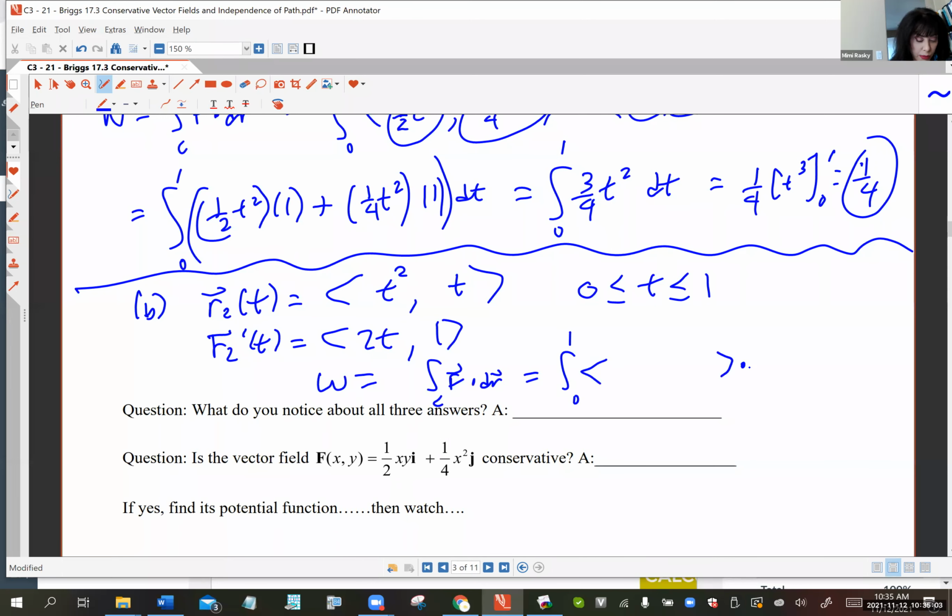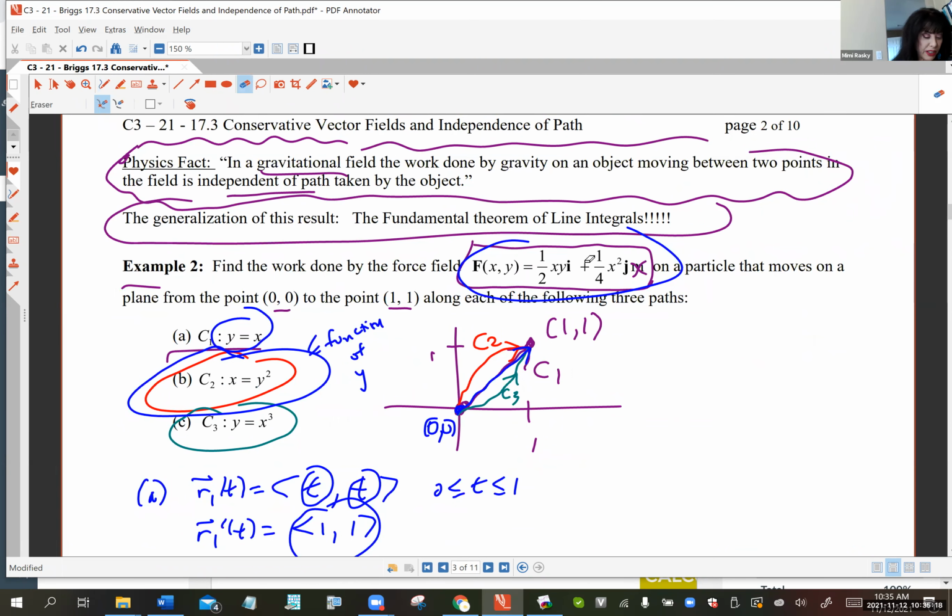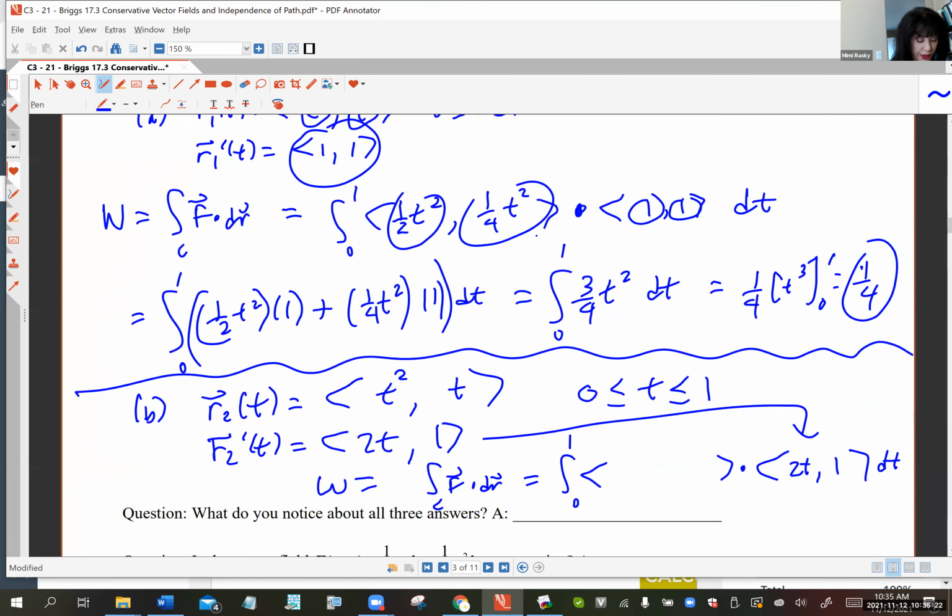We're going to have to take a dot product again. Okay, don't forget to put your velocity vector in there. And then you have to rewrite your force field in terms of t. So your components for your vector field, 1/2 xy, what will that look like?